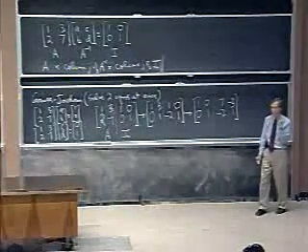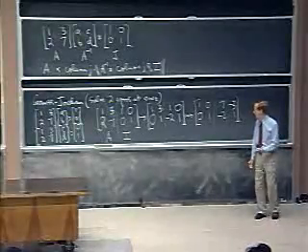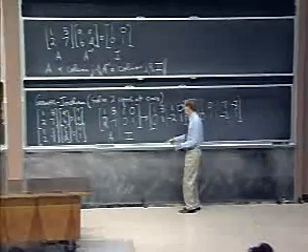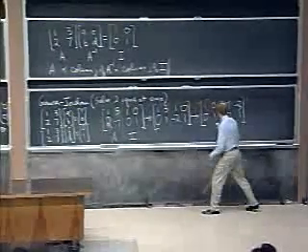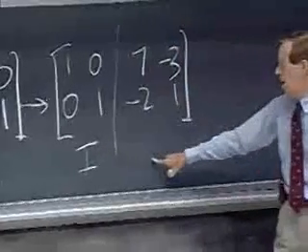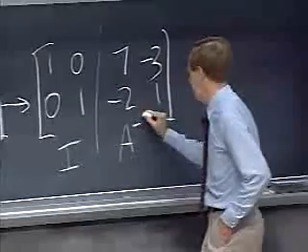And what's my hope, belief? Here I started with A and the identity, and I ended up with the identity and who? That better be A inverse.